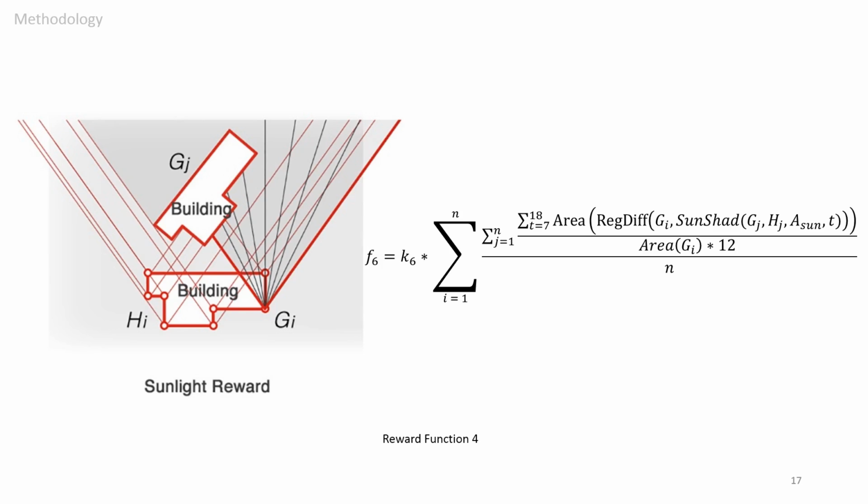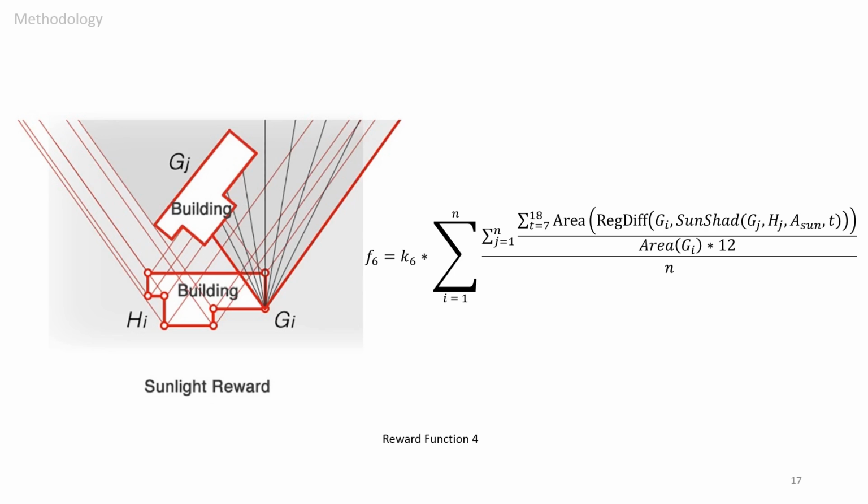Also, there are always shadows for each building, which may block the sunshine of other buildings. The last reward function, sunlight reward, will be given to the evaluation function if the buildings are exposed to the sunlight in most of the daytime. To calculate the worst time period of receiving sunshine, the local sunshine area in the winter solstice and sun will be used to draw the boundaries of the shadows.